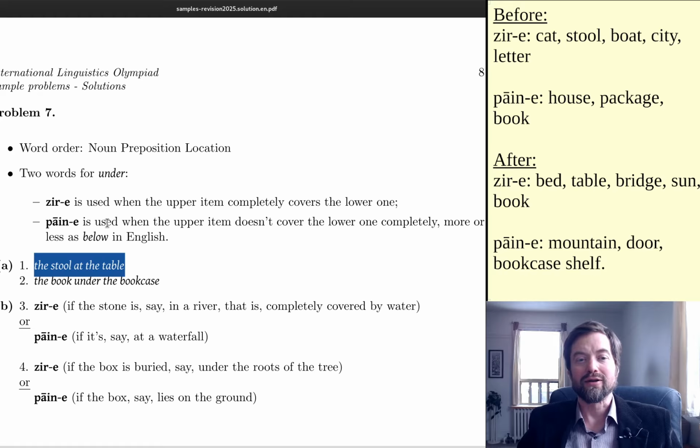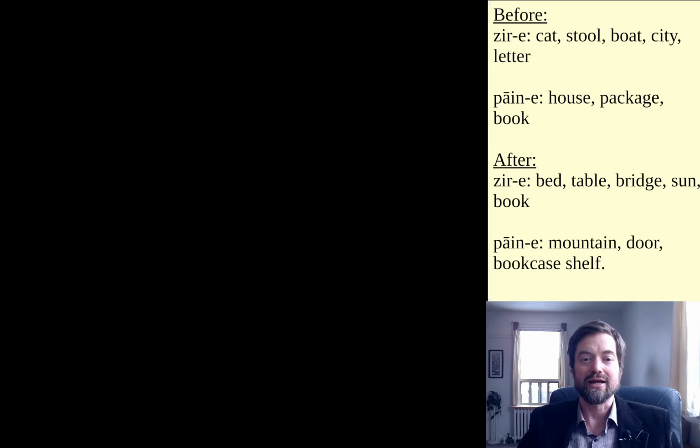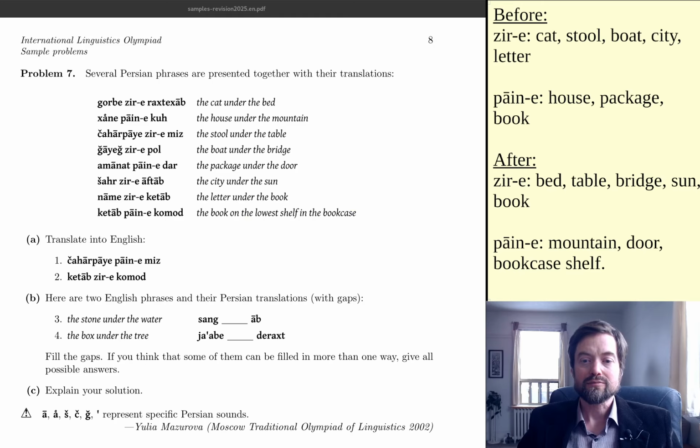So this one, okay, here you have a sentence that is like the stool under the table, except they use paine instead. So let's take a look back here.